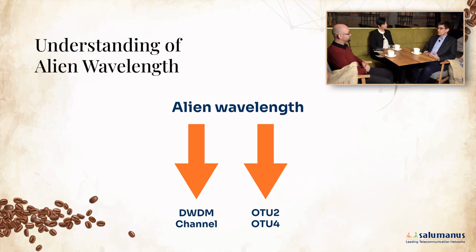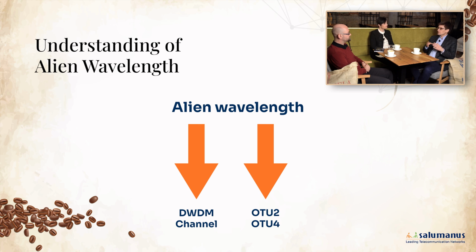I think that it is very important also to mention that there could be different understandings of alien wavelength technology. Because when we talk about the big operators, when we talk about leasing a particular channel, this is only one way of understanding the alien wavelength services.